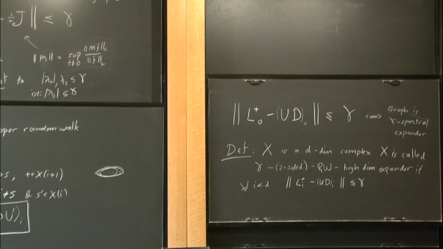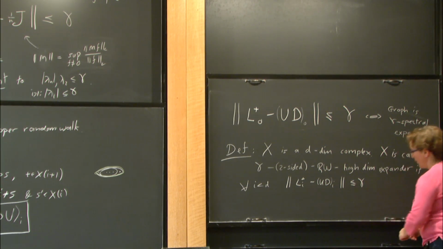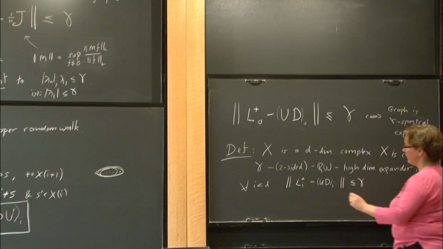Okay, so we look at this multi-layered description of the complex, and we want that at every layer, this walk and this walk are roughly the same up to this gamma error. Okay, so this is our definition. There's also a one-sided definition, so let me just also say that.